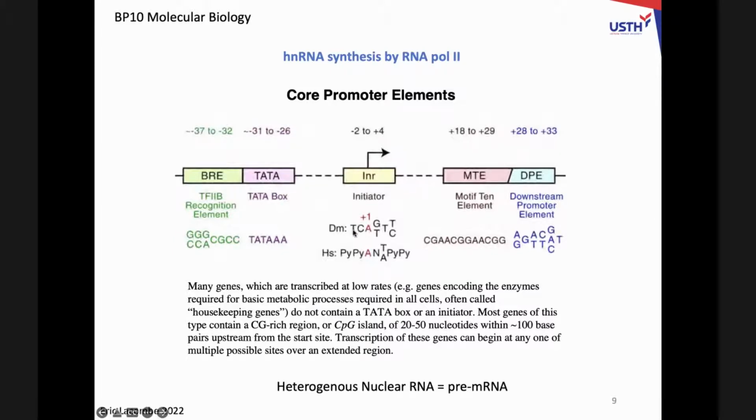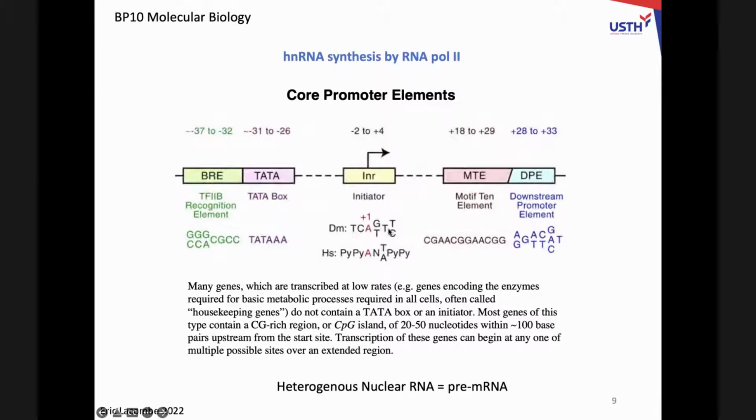You see that at -2 there is always a T, at -1 always a C. The transcription start in Drosophila is always an A, but the +2 is either G or T, and so on. So in Drosophila it's quite obvious: if you have TCA and a TATA box 30 bases before, you should get a Pol2 promoter.